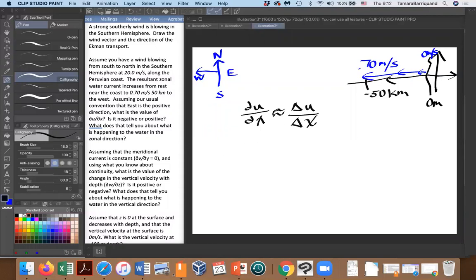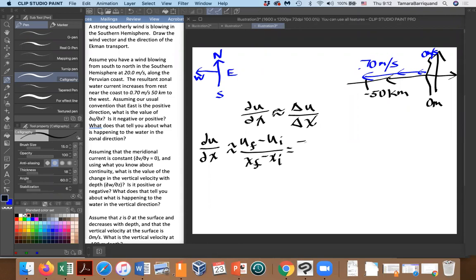And so we know that the change in u is going to be, I'll write this down here again. So now du dx is going to be our change in u, which will be our u final minus our u initial, over our x final minus our x initial. All right, so our u final, since we're assuming that it's going to the west here, is going to be a negative value.